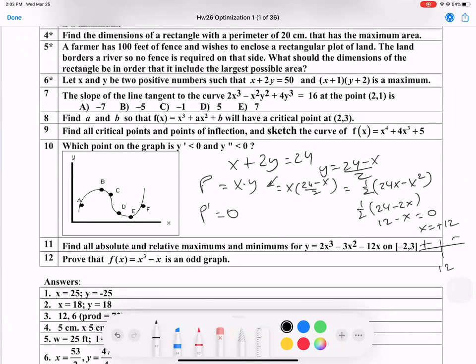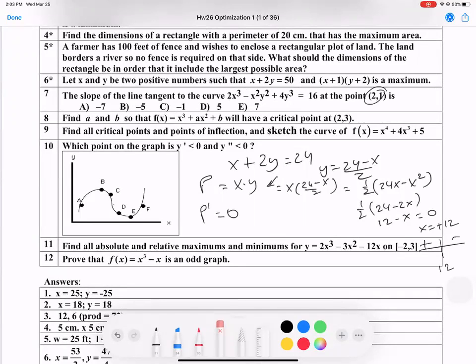Okay, Andrew's asking me to do number 7. The slope of a line tangent to the curve at point (2, 1) is... So how do I find the slope of a tangent line? Just take the derivative.